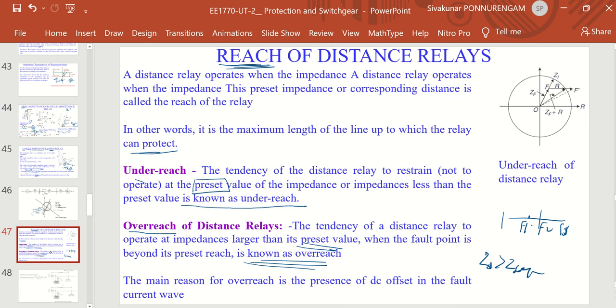The main reason for overreach is the presence of DC offset in the fault current wave. If DC offset is available in the fault current, it may change the reach point of the relay.